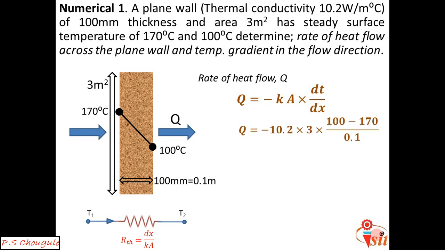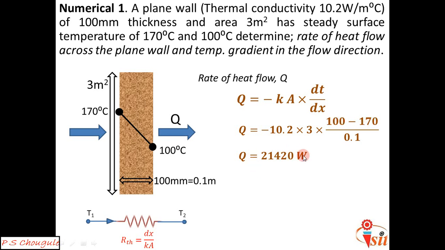So here Q is equal to, if I put the respective values of those quantities, I will get the value of Q. Remember that you have to write a negative sign to compensate this temperature difference, because heat flows from 170 to 100 and we are taking the difference as 100 minus 170.